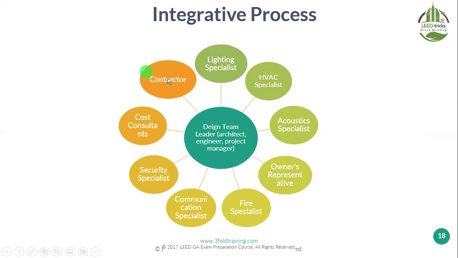The same for the contractor, on constructability. They will send some advice. Even the cost consultant, security, communication, fire specialist, owners. So design now is very integrated, and this is a normal output of an integrative process.